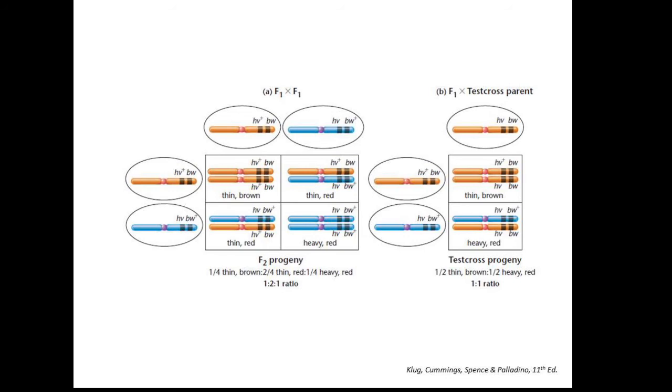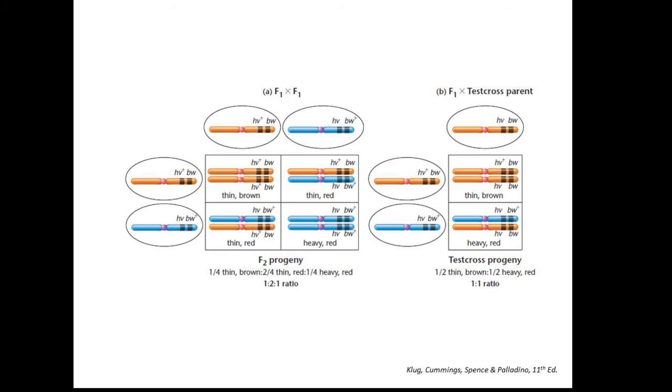So when they are selfed, four different types of progeny can be found: 1/4 thin brown, 2/4 thin red, 1/4 heavy red. So the ratio is 1:2:1.